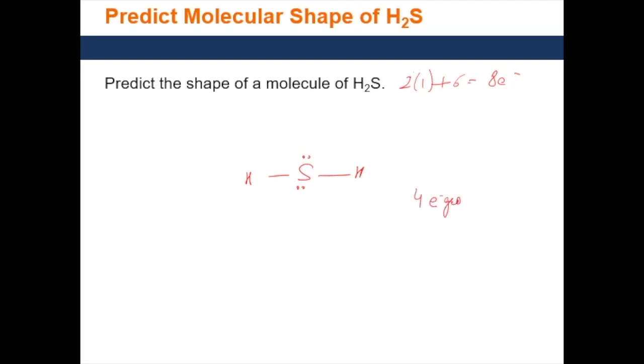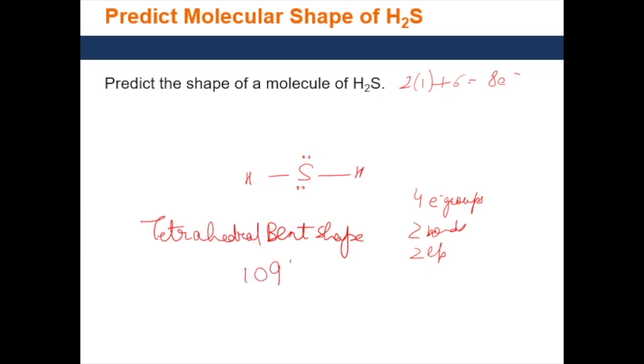Out of these 4, 2 are bonds and 2 are lone pairs. So if you go back and look at your chart, this would be a tetrahedral bent shape. The angle would be 109 degrees.